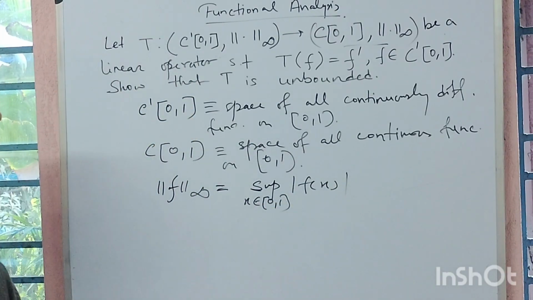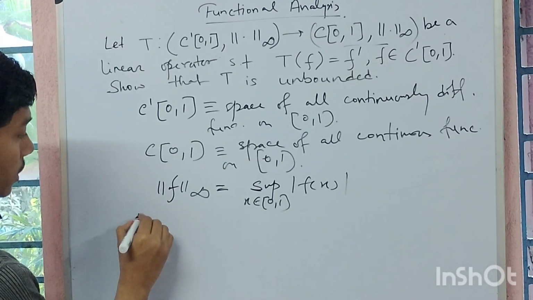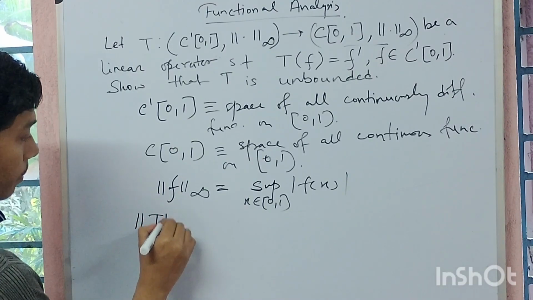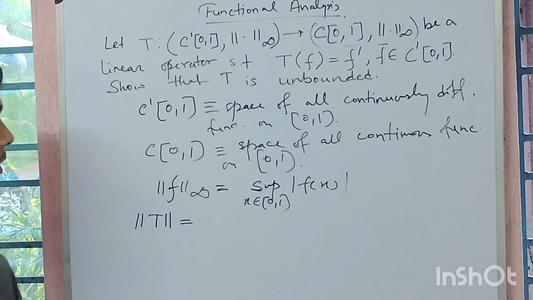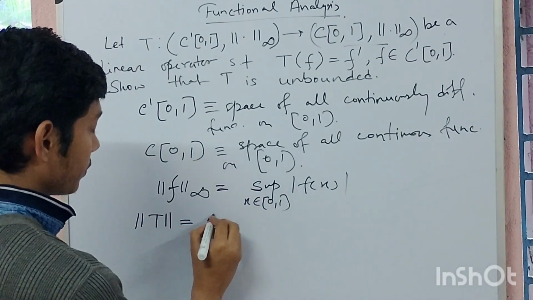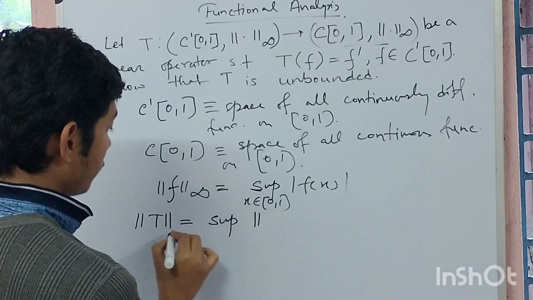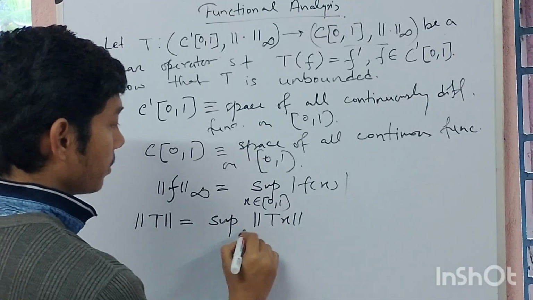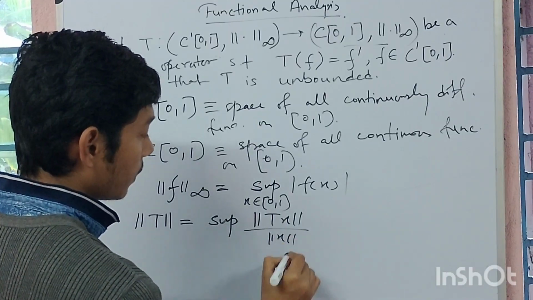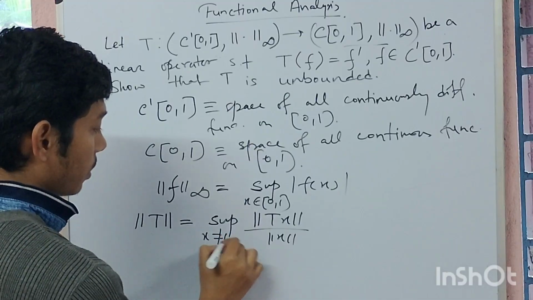And I have to know all of this, and last but not least, what is the norm of T? The norm of T is the supremum of norm of Tx by norm of x such that x is not equal to 0.